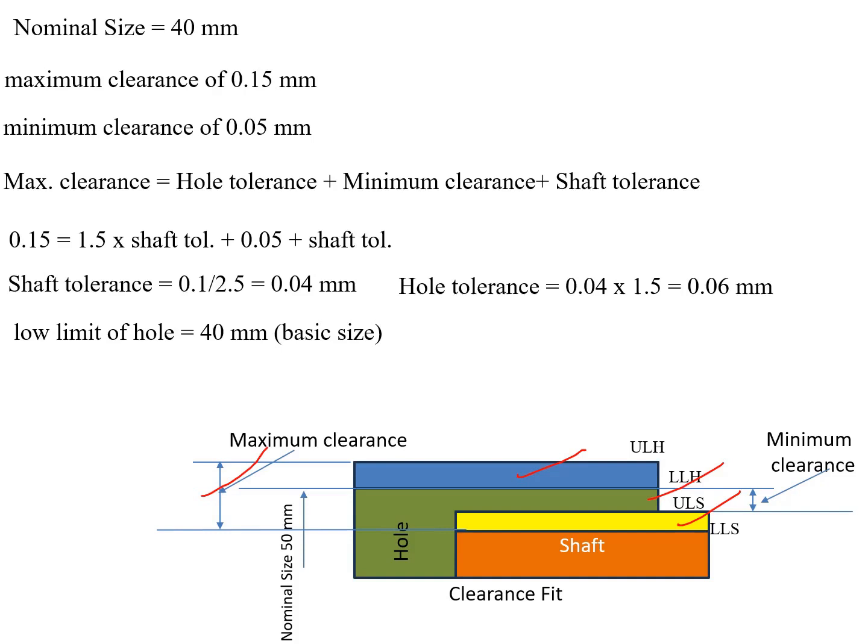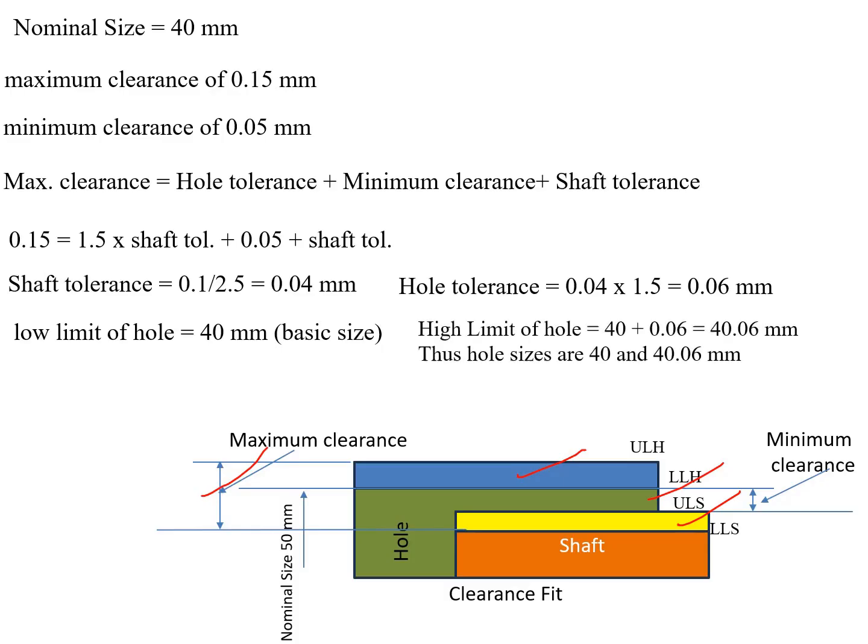We know the lower limit of the hole in the hole basis system is equal to the basic size. The basic size is given as 40 mm, so the lower limit of the hole equals 40 mm. The higher limit of the hole equals the lower limit of the hole plus the hole tolerance, that is, 40 mm plus 0.06 mm.